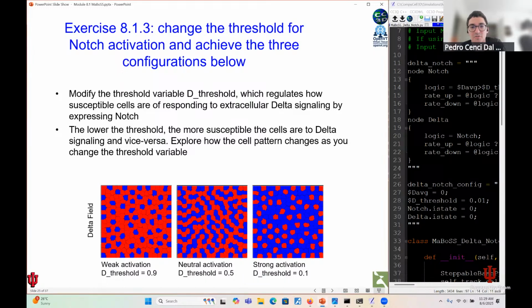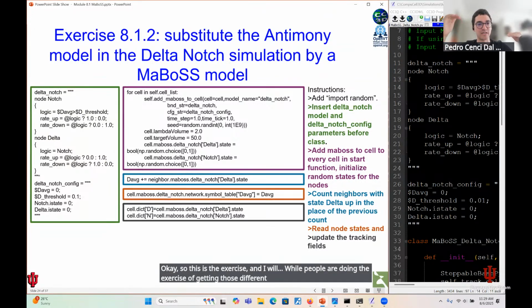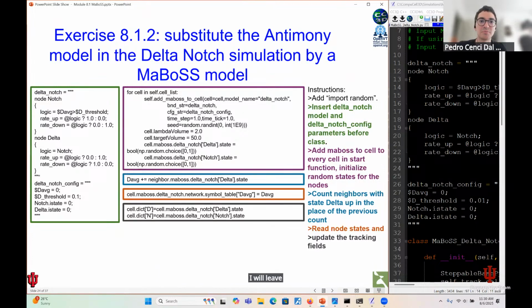Okay, so this is the exercise, and while people are doing the exercise of getting those different ratios of delta and notch cells, I will leave this slide up so people can catch up on the syntax. I see that people got it to work, which is fantastic.